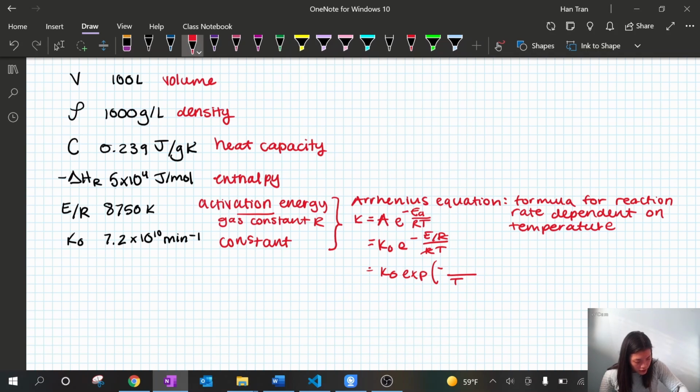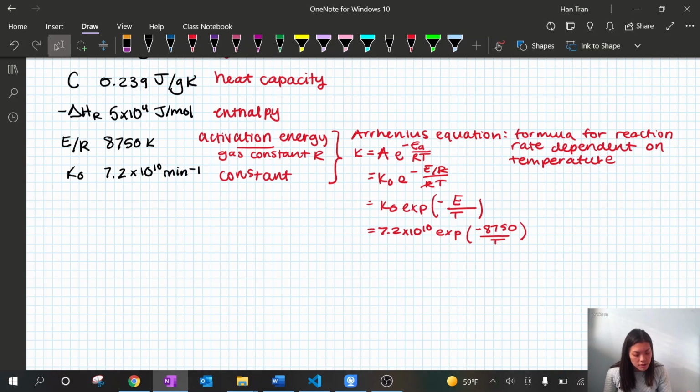So we can leave it as e, and so that would give us 7.2 times 10 to the 10th. So we'll replace both the K naught and the activation energy over gas constant R. So that gives us 7.2 times 10 to the 10th times e to the negative 8,750 over temperature. Again, this reaction rate is dependent on temperature.